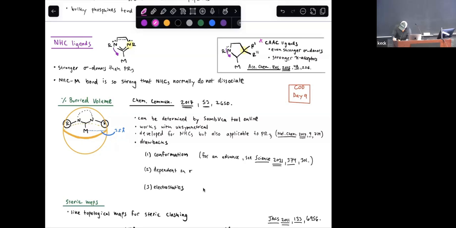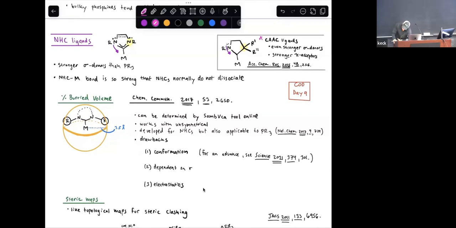The overall effect is that it makes these ligands more extremely amphiphilic. It raises the HOMO and it lowers the LUMO. That's a similar concept to what we saw in Josh's lecture with the BF ligand, more extremely amphiphilic than some of its isoelectronic counterparts, more strongly sigma donating and more strongly pi accepting.